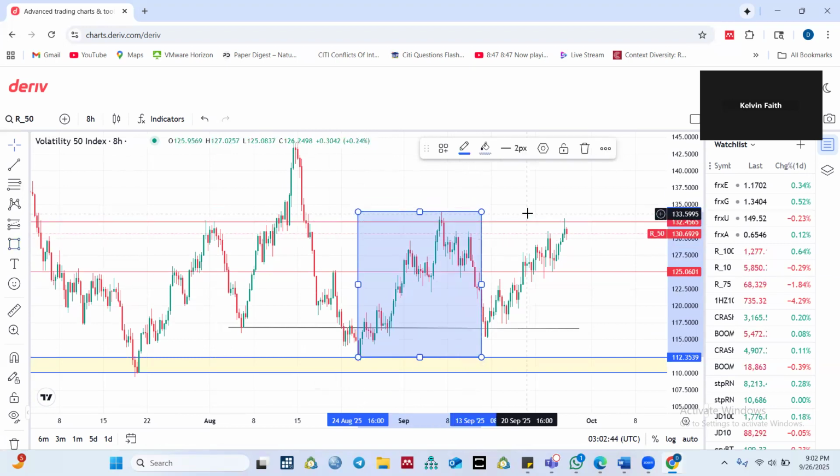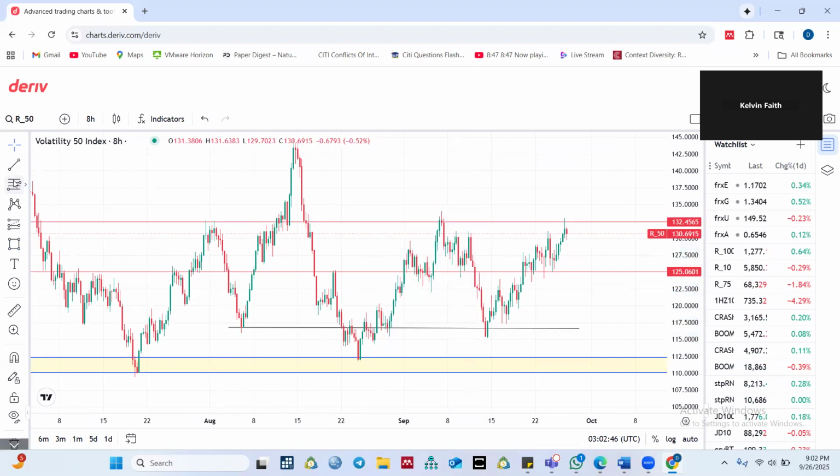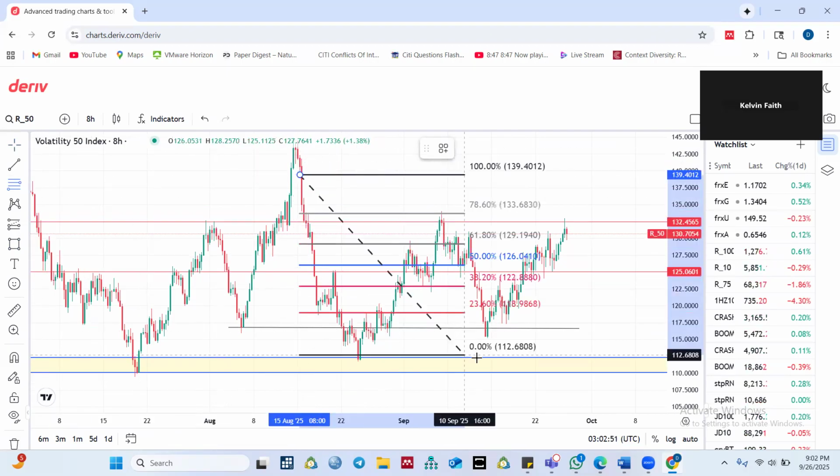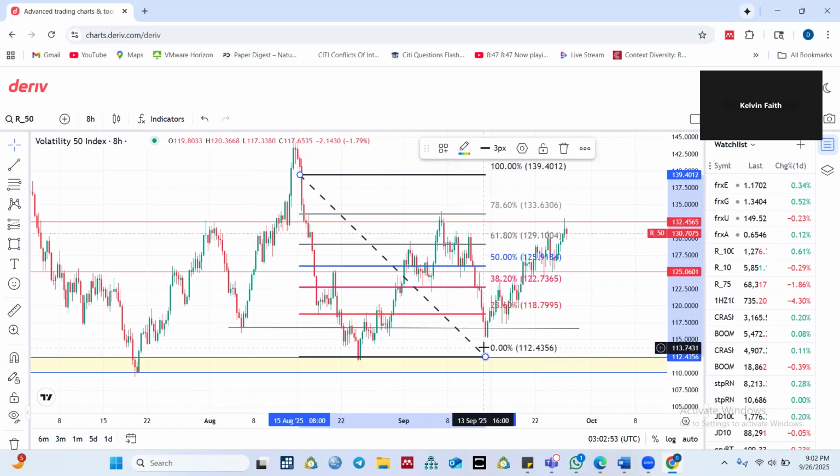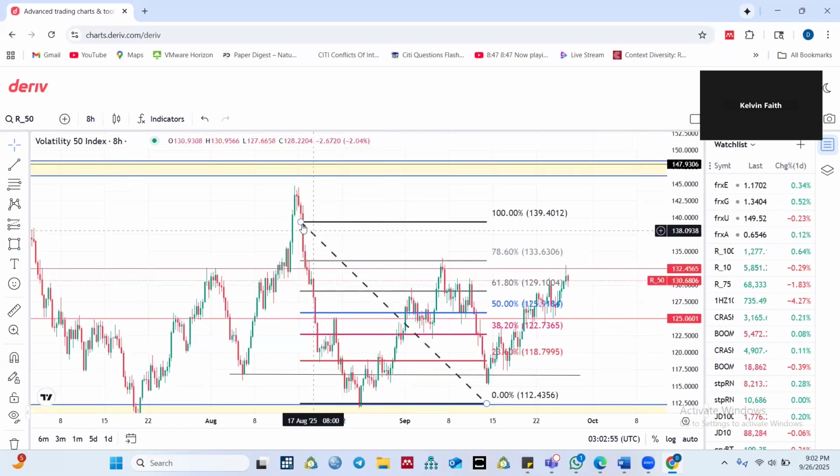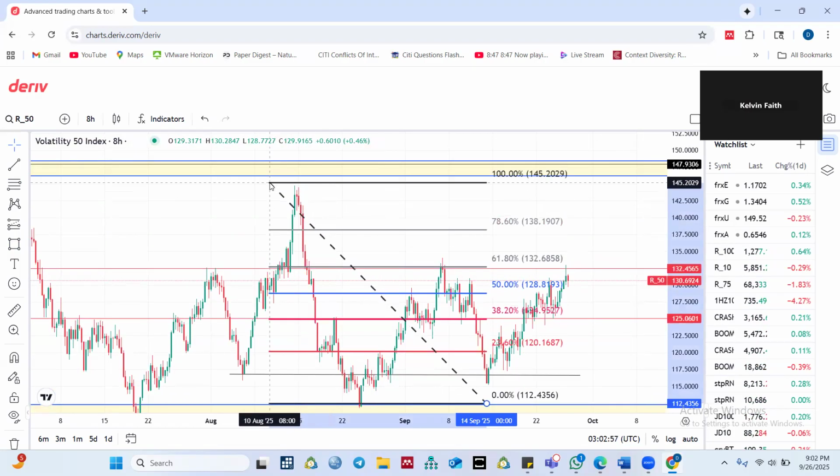Okay, so if we take this as a range, the corrective comes to 61.8%, drops down back into that line, and then pulls back up into that same 61.8% area.